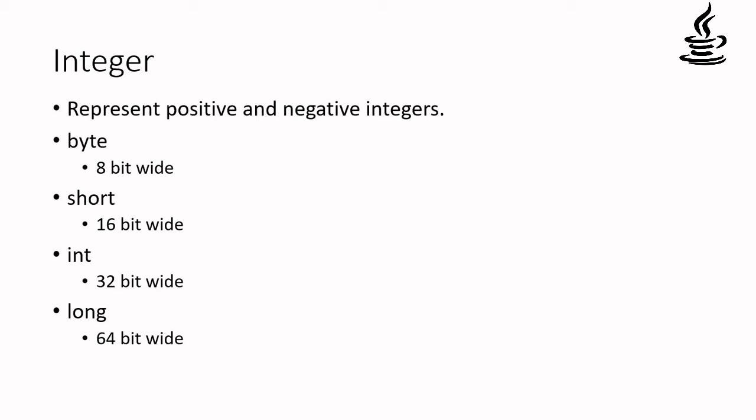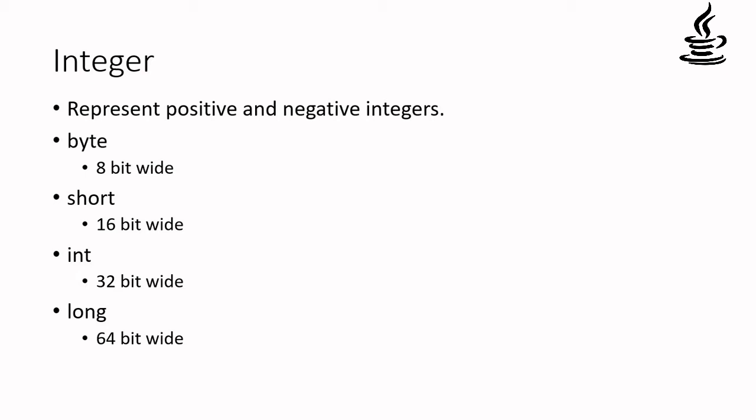Now this division is based upon how large an integer these can store. For example, since the byte data type is 8 bits wide, it can store small integers which range from -128 to 127. Similarly, the short data type uses 16 bits to store information, so it can store integers as large as 32,000.